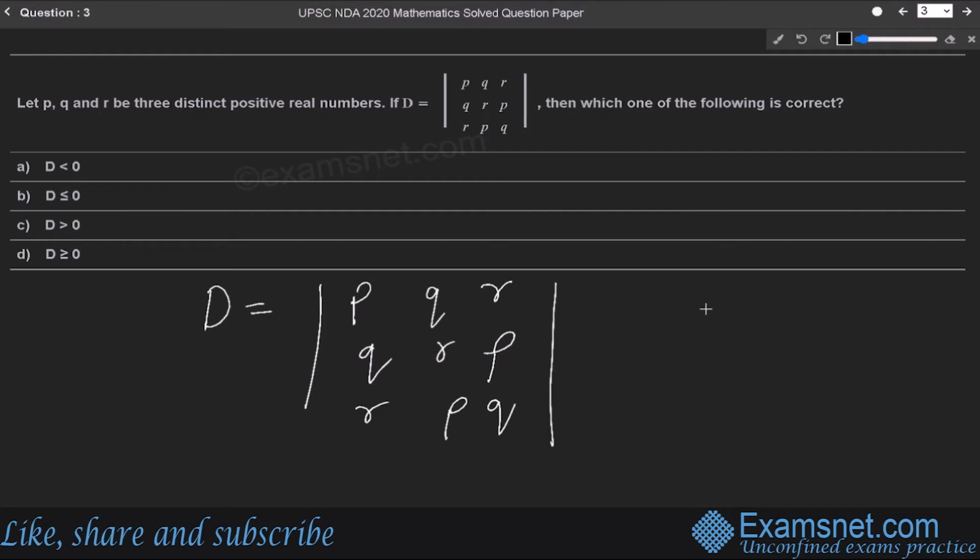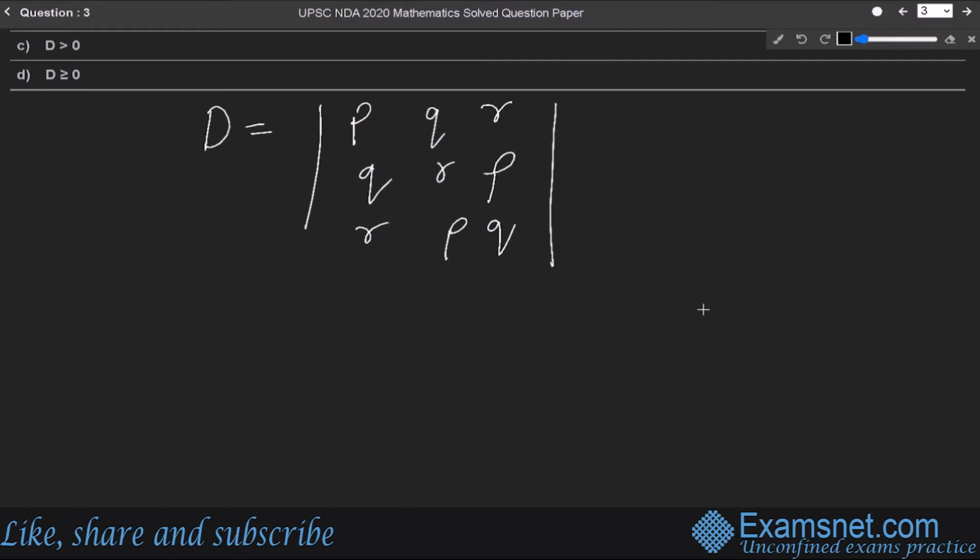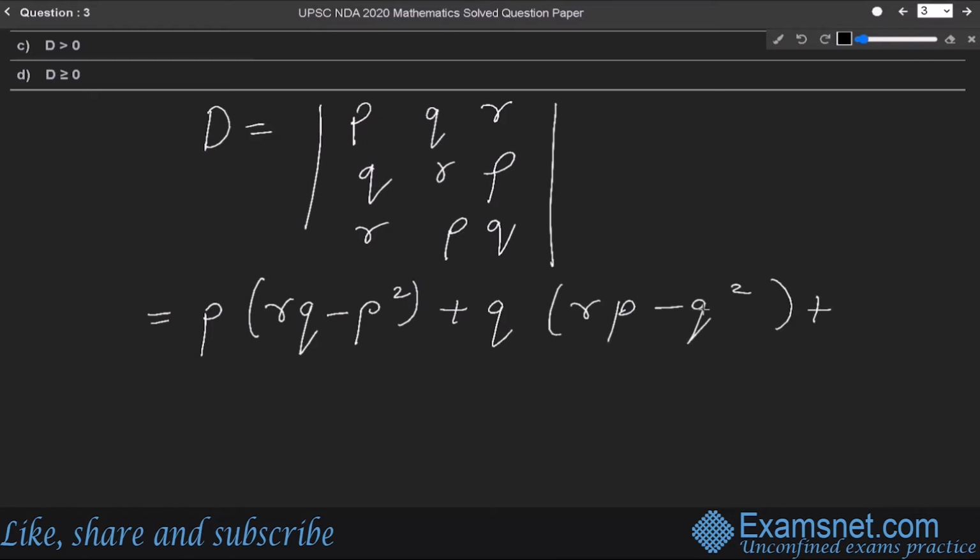Now, further expanding these terms, we will get p into (rq minus p square) plus q into (rp minus q square) plus r into (pq minus r square). I hope you are familiar with this step.